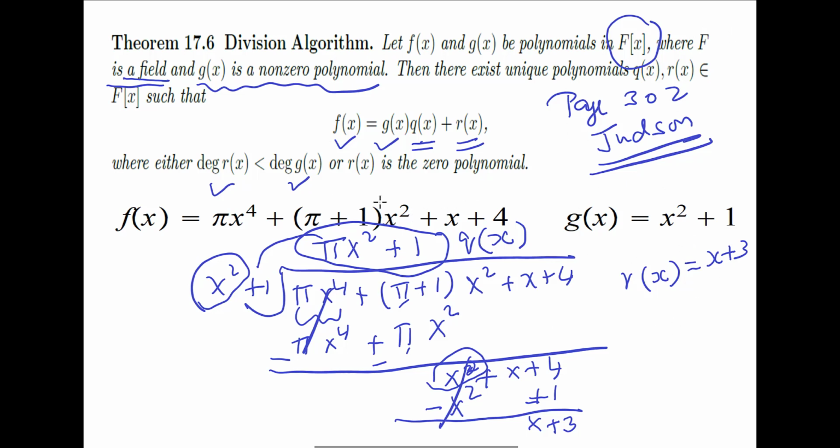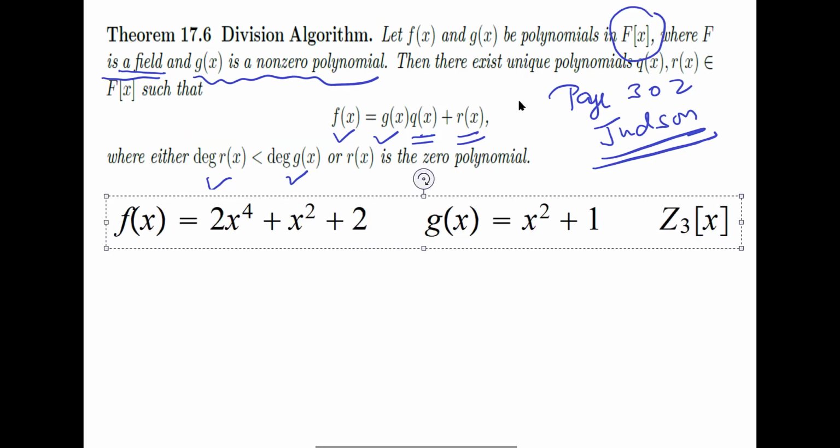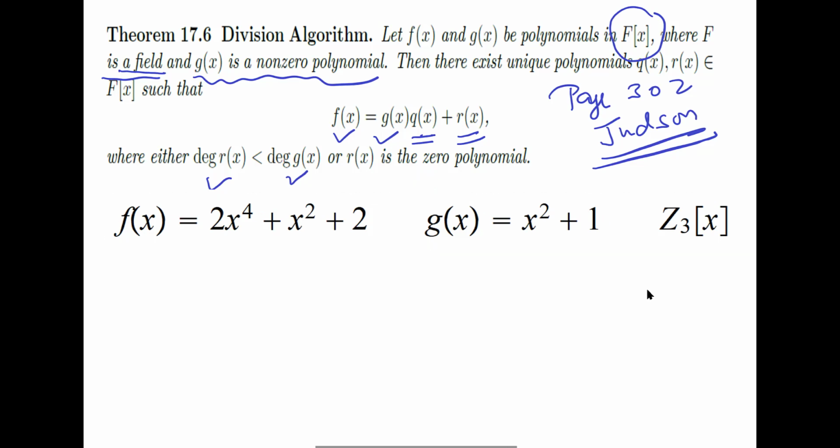For instance, let's take something as simple as Z3. So we will consider a polynomial over Z3.